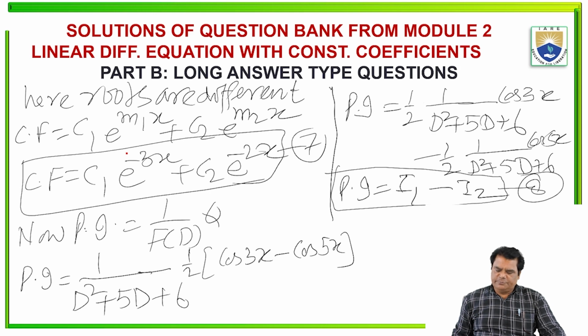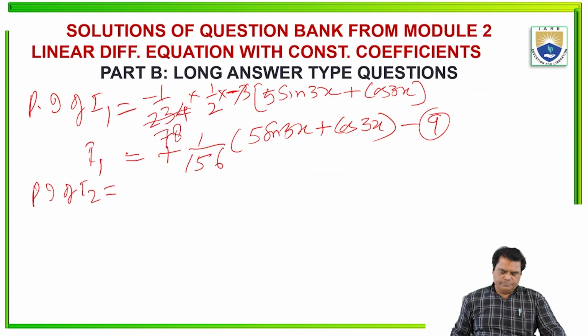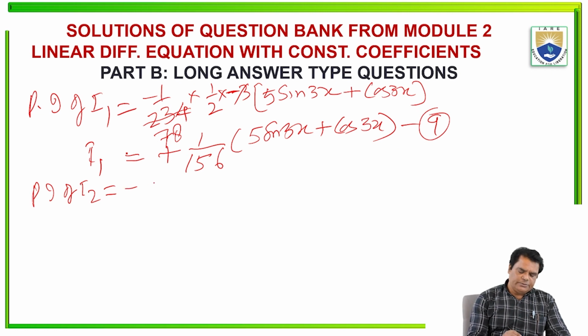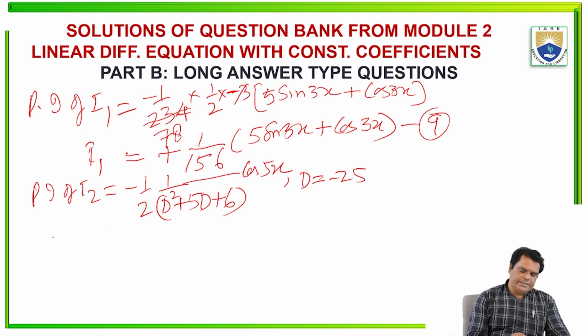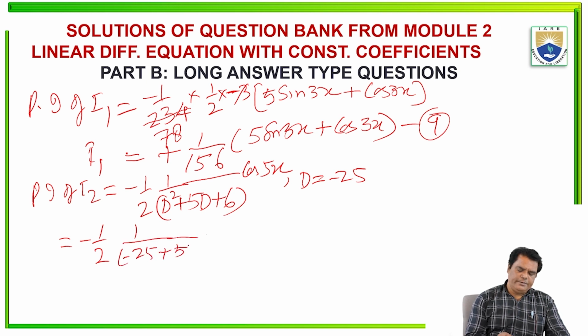I2 is minus 1 upon 2 and 1 upon D square plus 5D plus 6 into cos 5x. So now putting D square equal to minus 25, this result is minus 1 upon 2 into minus 25 plus 5D plus 6 into cos 5x.